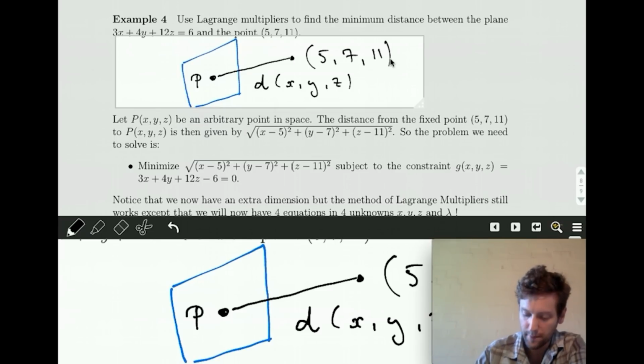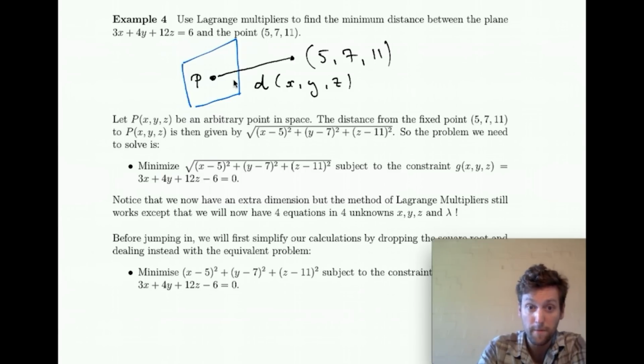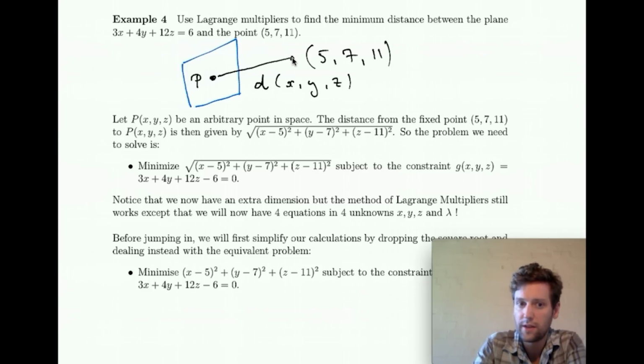So the function that I'm trying to find the minimum of is the distance, and the constraint is that my point P has to be on this plane. My values of x, y, and z have to satisfy this expression here, which is the expression for all the points on the plane.